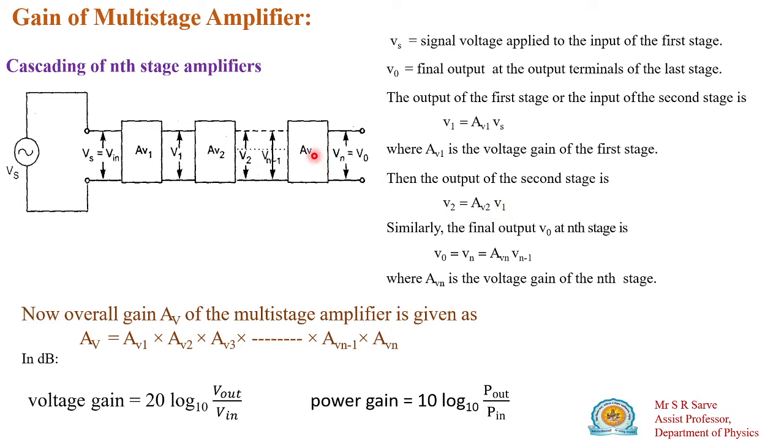Similarly, the output of the nth stage equals the amplification factor of the nth stage times the output of the previous stage, which is Vn minus 1.